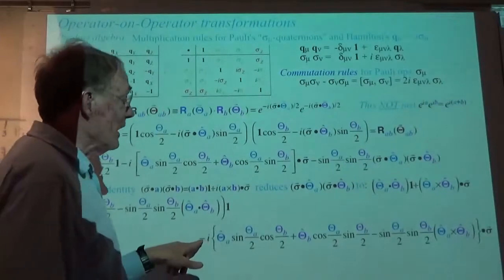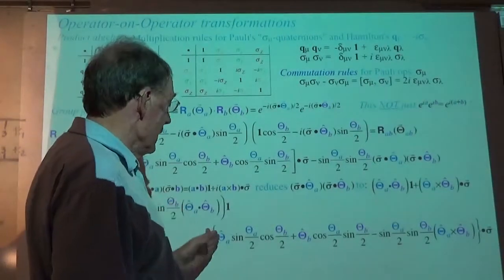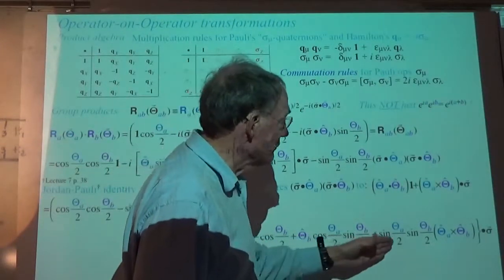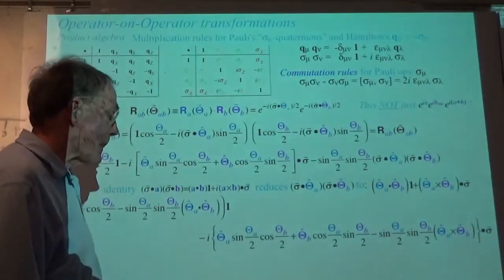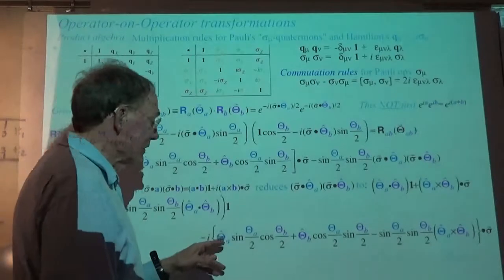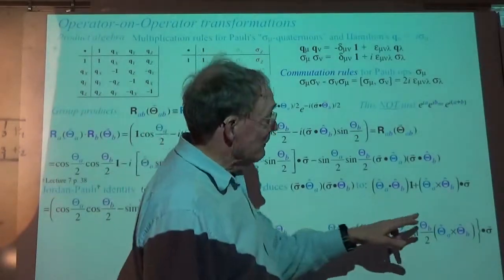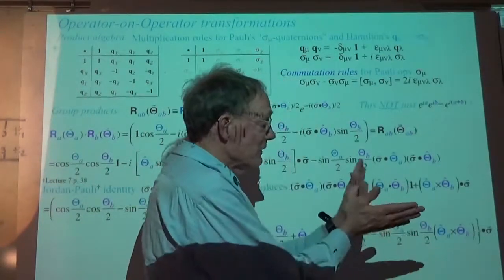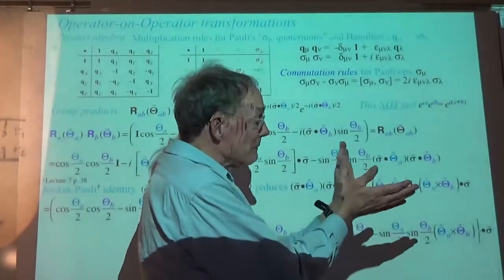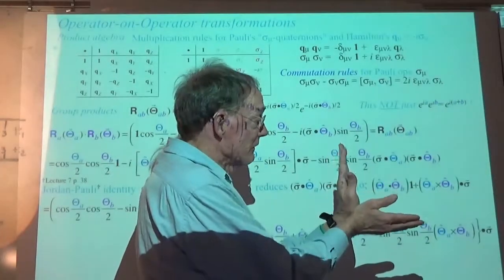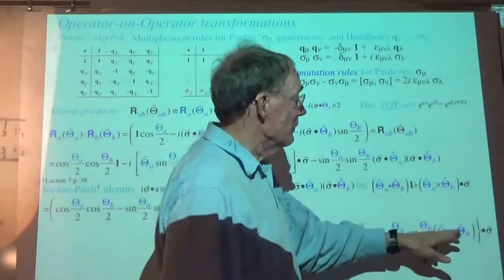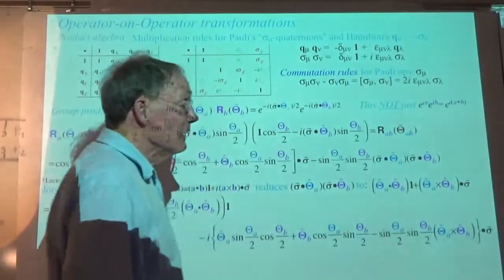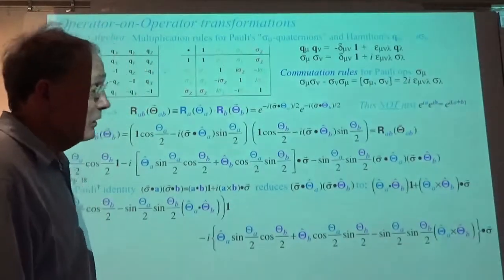Then, here's the real meat. This is a minus I now for everything, a whole bunch of sines and cosines times unit vectors. These are all unit vectors except that guy. Depends on what these two unit vectors are. That might be 0 if they were perpendicular to each other. So that can have any length, even though the components have unit length.